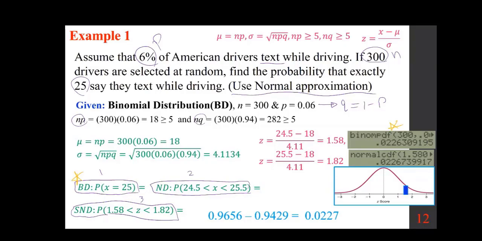And as you can see, they are close, 0.0226 309195 is very close. So that's a decent approximation. That's why it's called an approximation. It's not exact. All right, I'm assuming we are okay with this. We are going to move on, class.